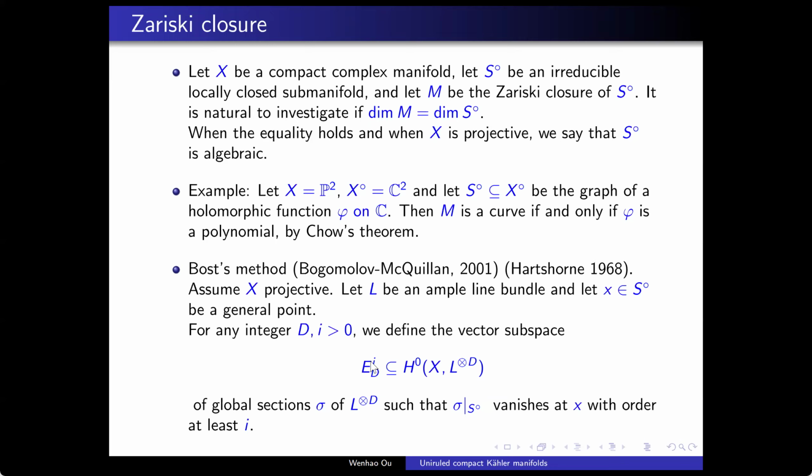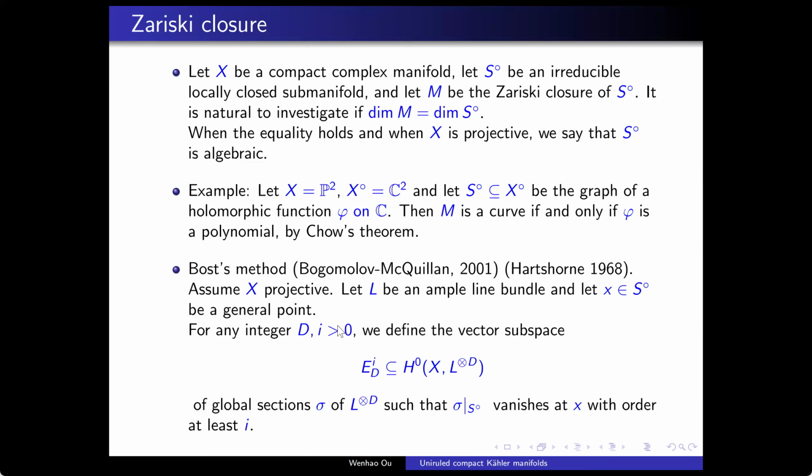And this I describes the following property. A global section sigma is inside E_I,D if and only if the restriction of sigma to S0 vanishes at the point x with order at least I. I emphasize that we consider the vanishing order of the restriction.